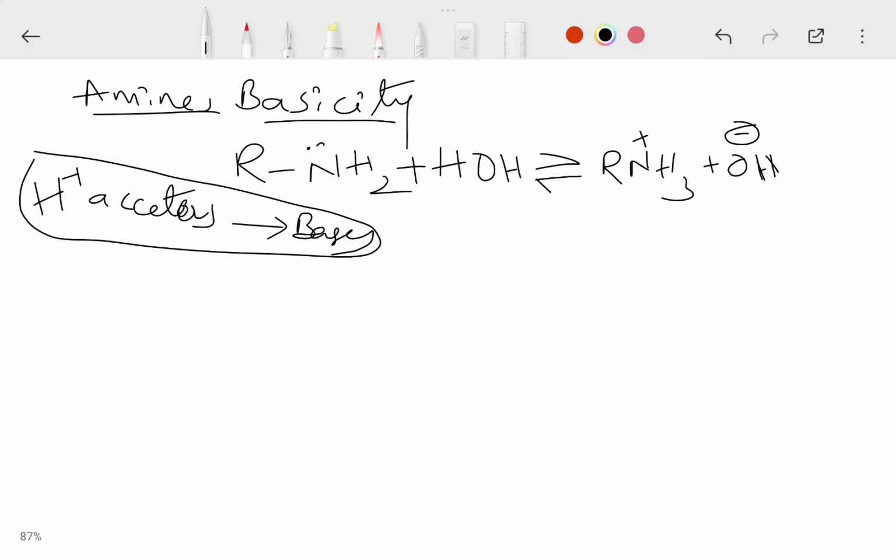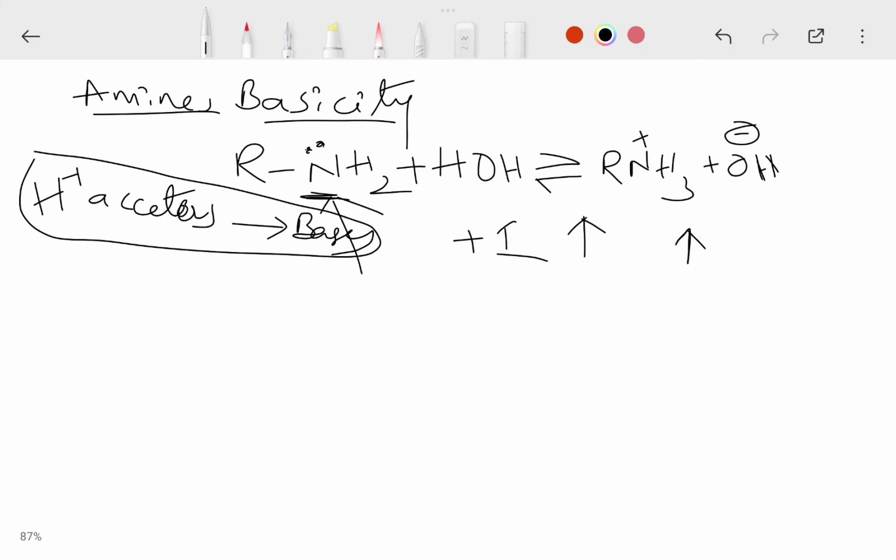The basicity of amines depends on the electron density on the nitrogen atom. The more the electron density on the nitrogen atom, the higher the basicity. In general, plus I groups increase the electron density on the nitrogen atom, which in turn increases the basicity.